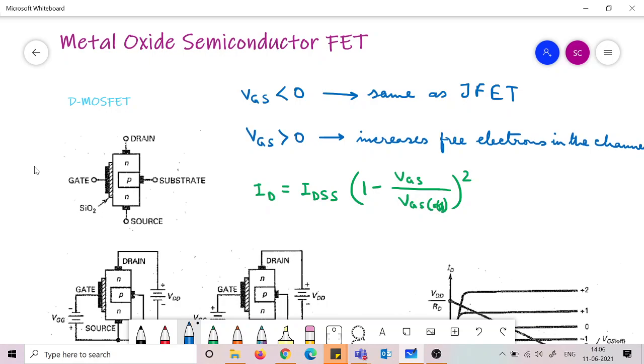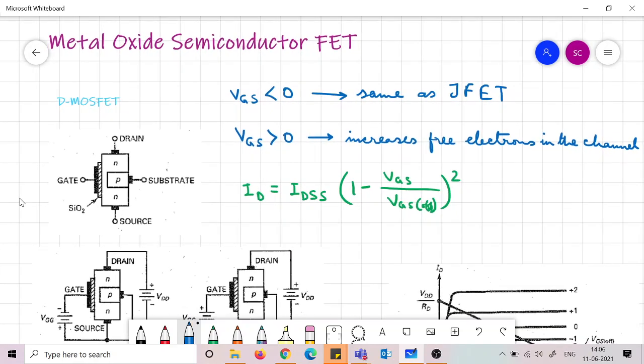It is simply an ideal switch along with some resistance which is very small in magnitude. So you will see that when we cover, we will come across these things again.